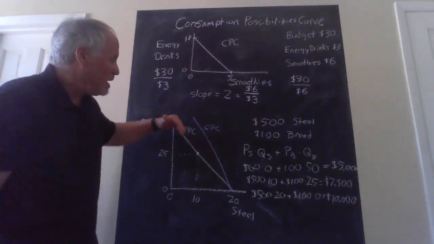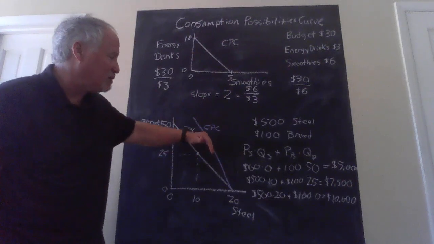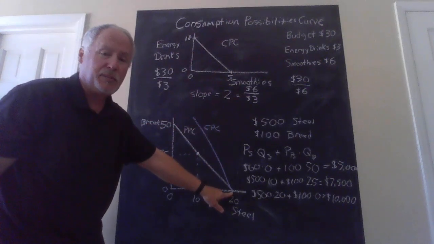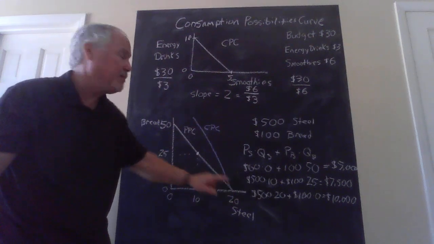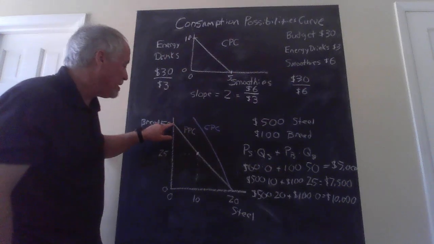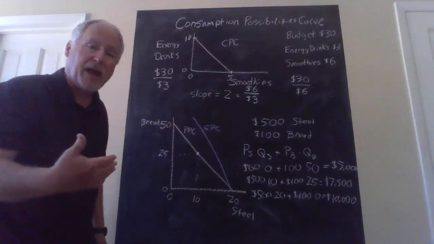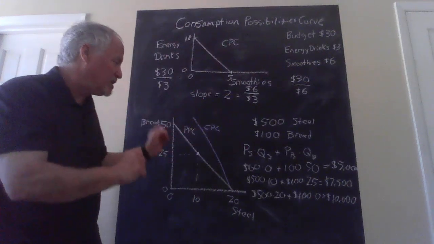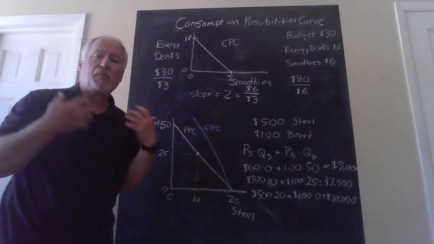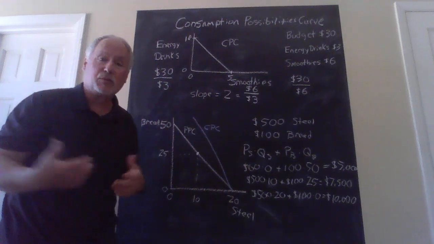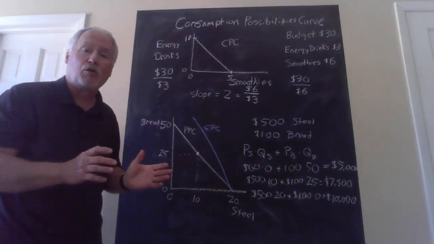Nothing else would work. If the prices internally in autarky were such that the CPC was steeper, the producers would all want to be down here and produce only steel. They would not be willing to produce bread because they would be lowering their profit. If the CPC was flatter, then they'd be up here and the producers would be unwilling to produce steel. The only way in this nation, because it's not going to trade, in autarky, that they can get both bread and steel produced, assuming that's what their consumers want, is that the CPC has to have the same slope as the PPC.